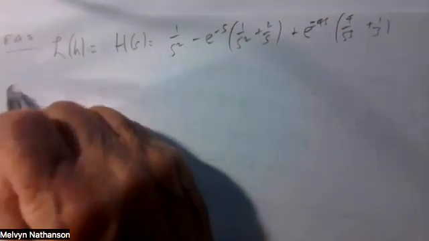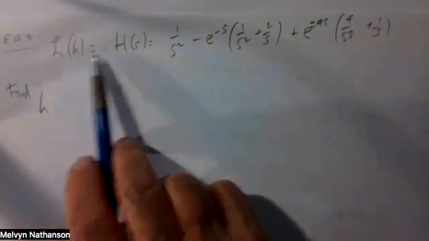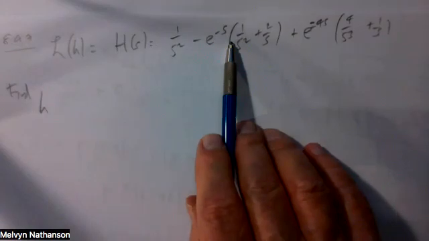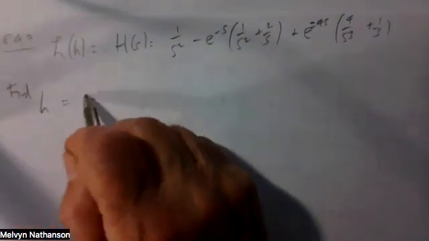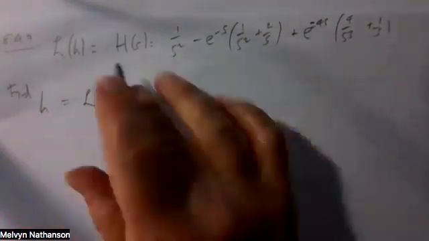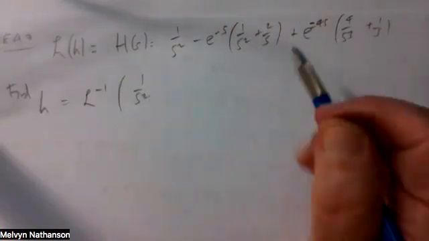And we want to find h. What is h? Well, if the Laplace transform of h is this, h is the inverse Laplace transform of this expression.